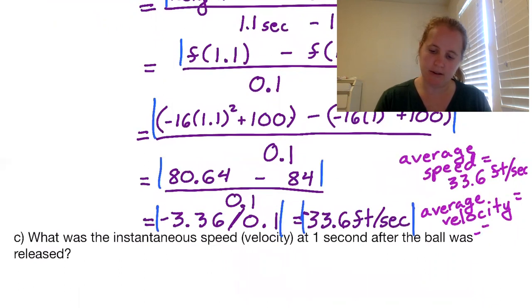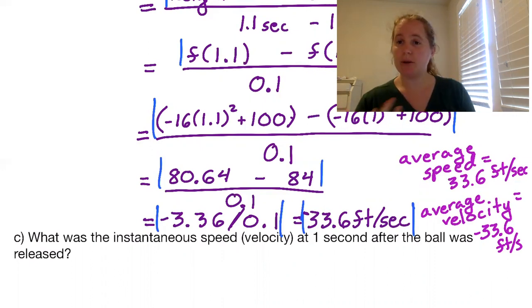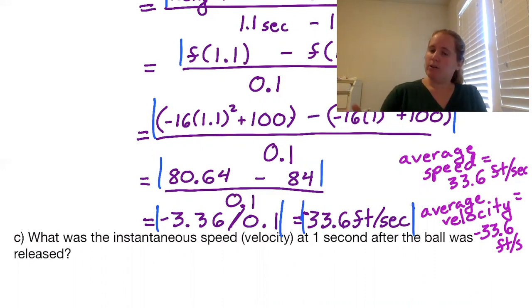So negative 33.6 feet per second. So we went from an average between 1 and 2 seconds of 48 feet per second. Now we've dropped down to 33.6 feet per second.